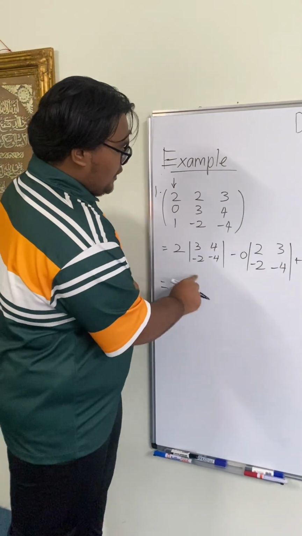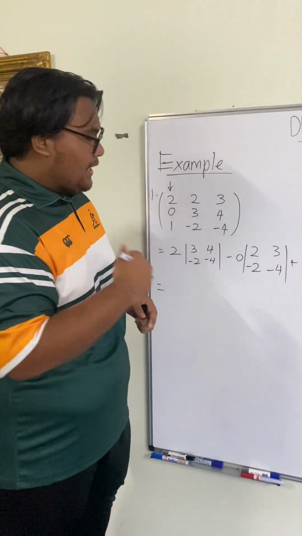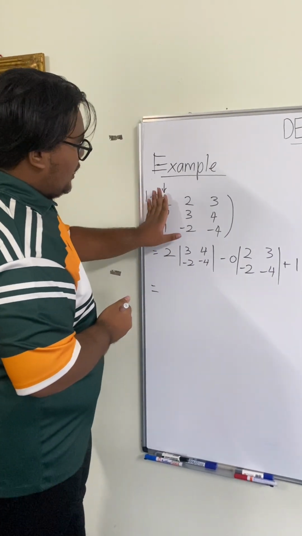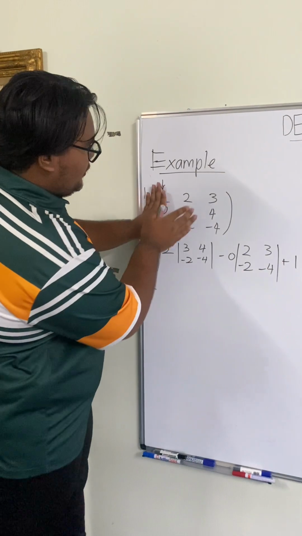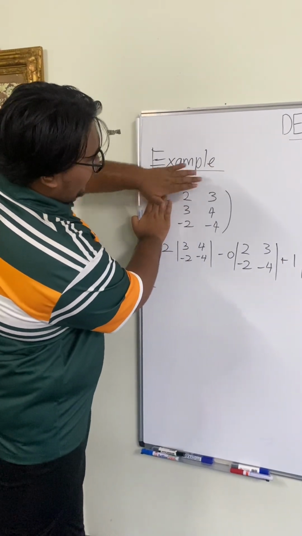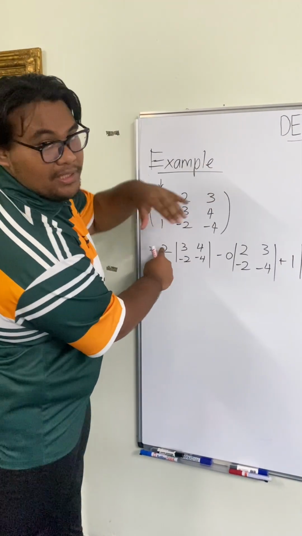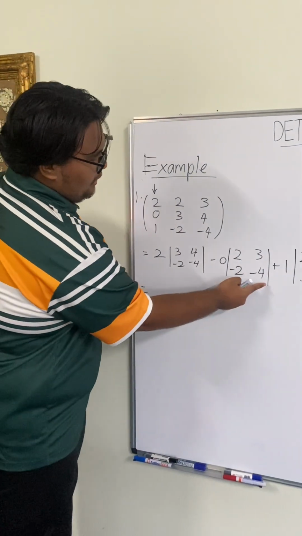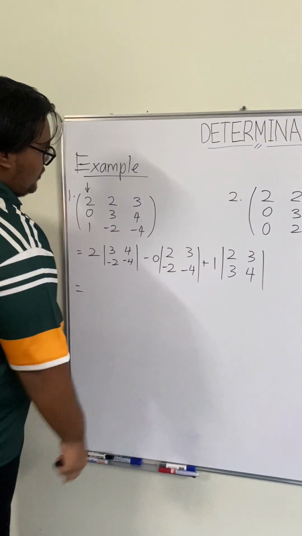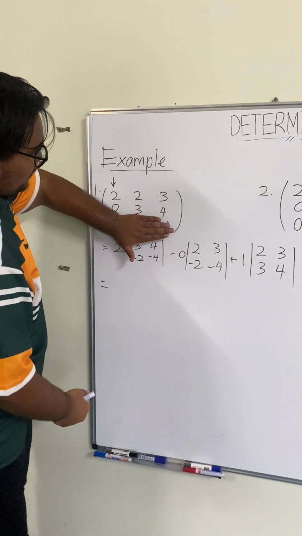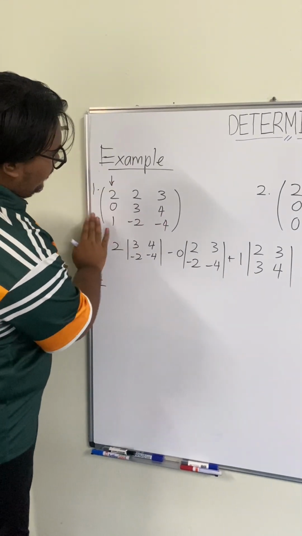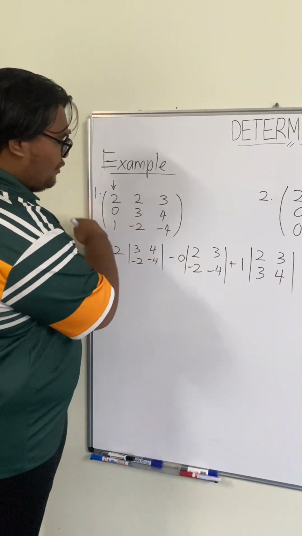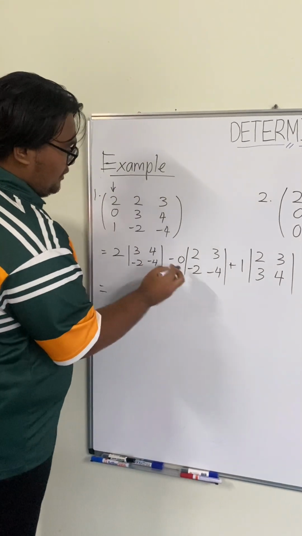Then for this one, how I get it is you cover up this row and this column, and then you get your number. Same goes for this one: you cover up the first row and this column, and you get the number.